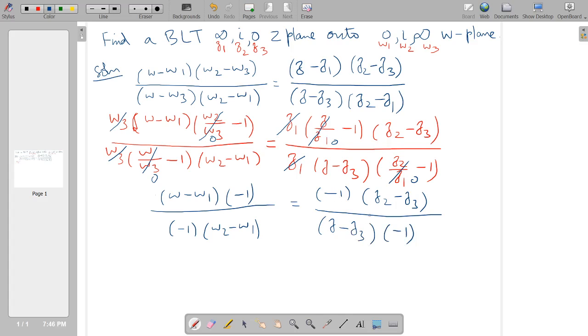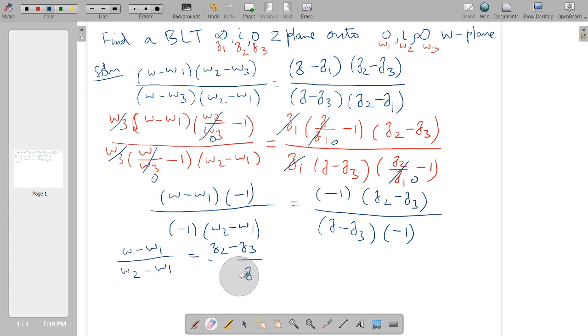Minus 1 by minus 1 becomes plus 1. So I will have W minus W1 by W2 minus W1 equal to Z2 minus Z3 by Z minus Z3.